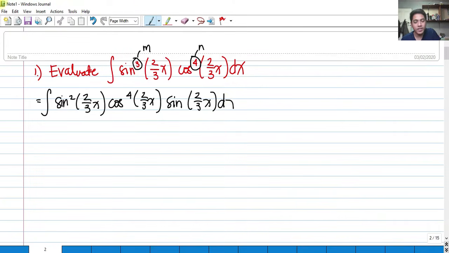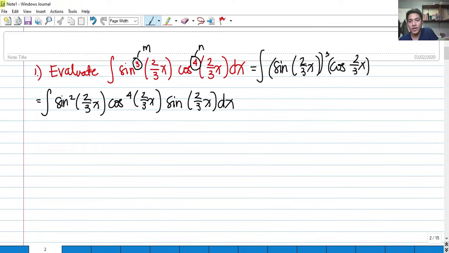Here is the split factor of sine 2/3 x, because if you rewrite this, it is also equal to sine of 2/3 x raised to the cube, multiplied by cosine of 2/3 x raised to 4. So we have split off the factor of sine squared 2/3 x, and we have sine 2/3 x here.